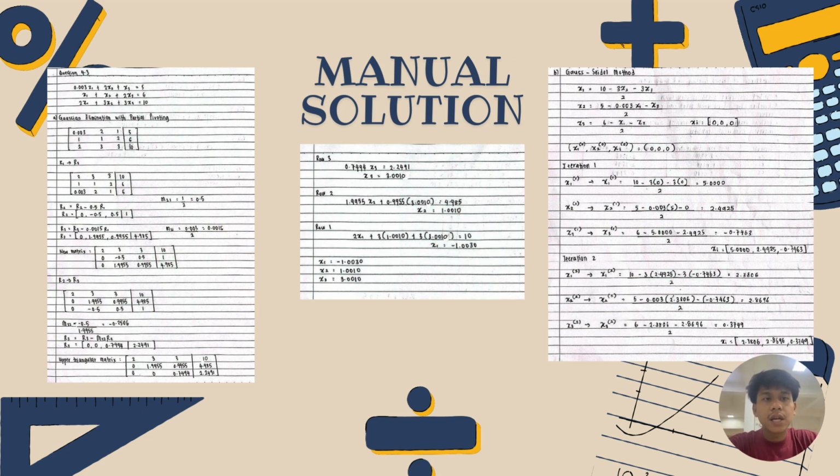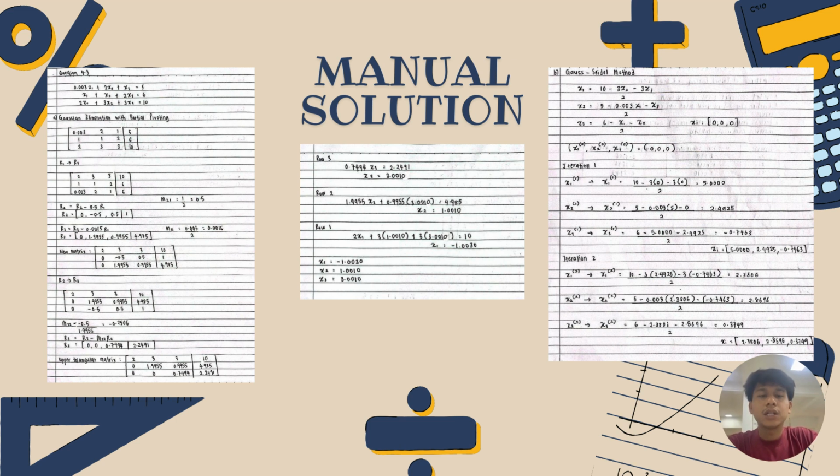Second, the Gauss-Seidel method. We rearrange the equations into diagonally dominant form to isolate x1, x2, and x3. Starting with an initial guess of all zeros, we iteratively update each variable using the most recent values available.